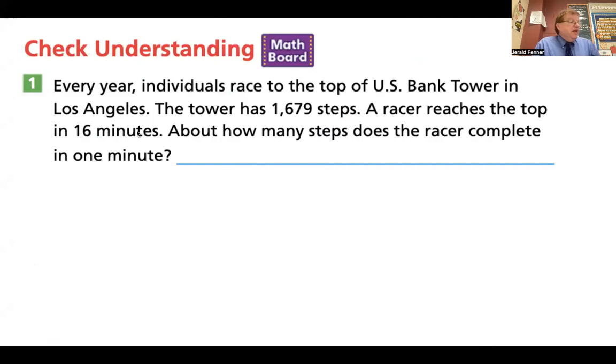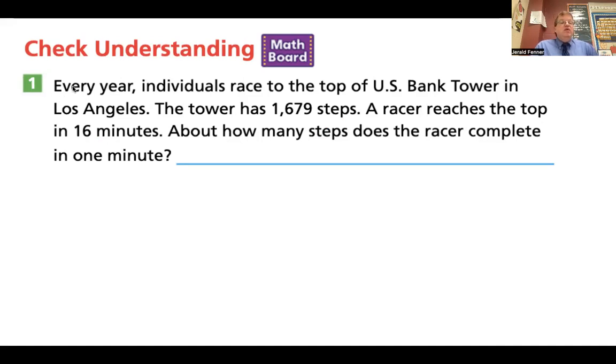So let's do the check understanding. Every year, individuals race to the top of US Bank Tower in Los Angeles. The tower has 1,679 steps. A racer reaches the top in 16 minutes. About how many steps does a racer complete in 1 minute?